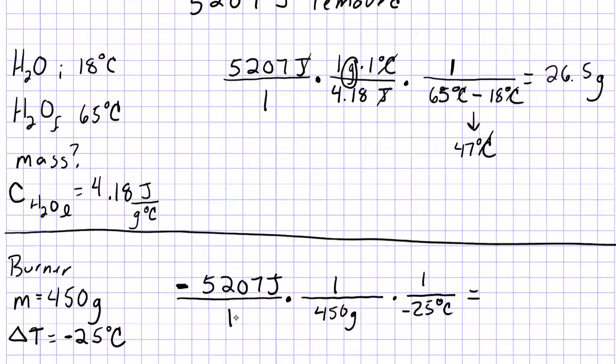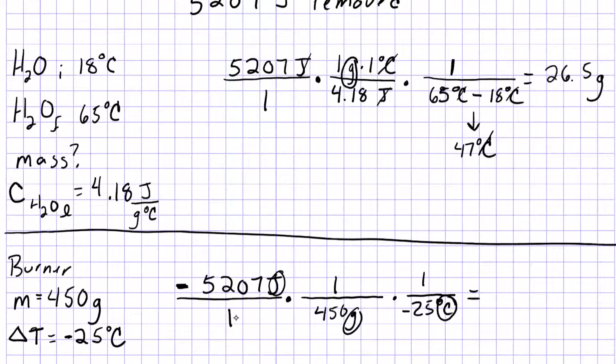And then I go ahead and plug that into my calculator because I'm going to have my joules, grams, degrees Celsius. Follow your units. That's why we do it this way. I know you guys keep wanting to depend on formulas, but by following your units, it sets you up to make sure that you actually set it up correctly. So I'm going to take 5,207, divide it by 450, and then divide it by a negative 25.